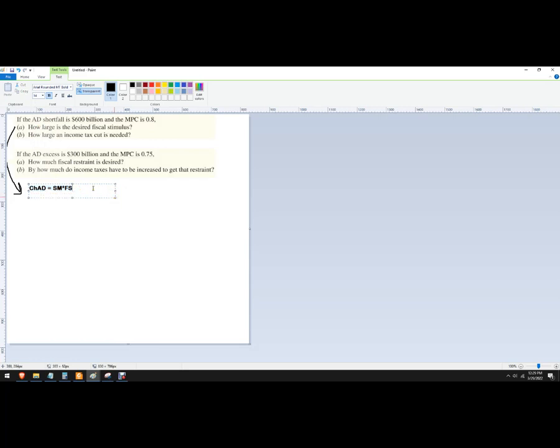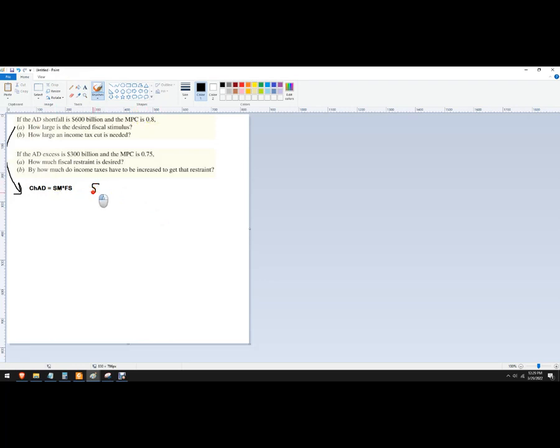Okay, so we actually do know the spending multiplier. The spending multiplier is going to be 1 over 1 minus MPC, or marginal propensity to consume.